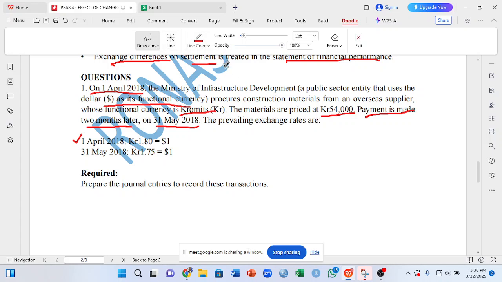I purchased something. So what are you going to debit? Debit the receiver, credit the giver.